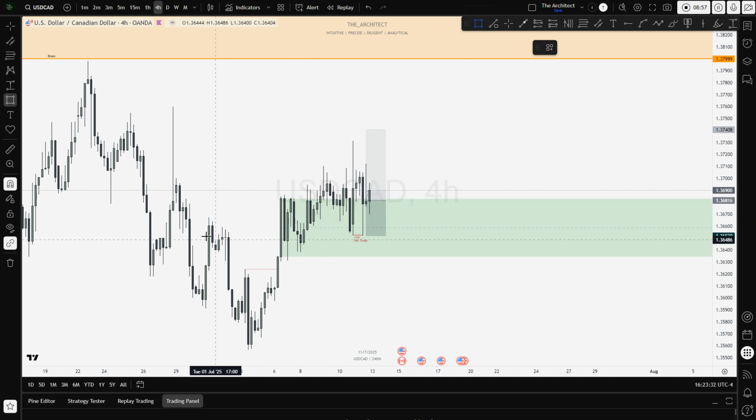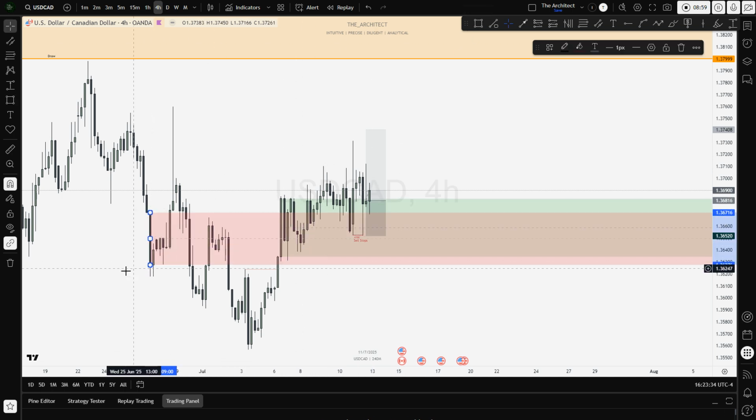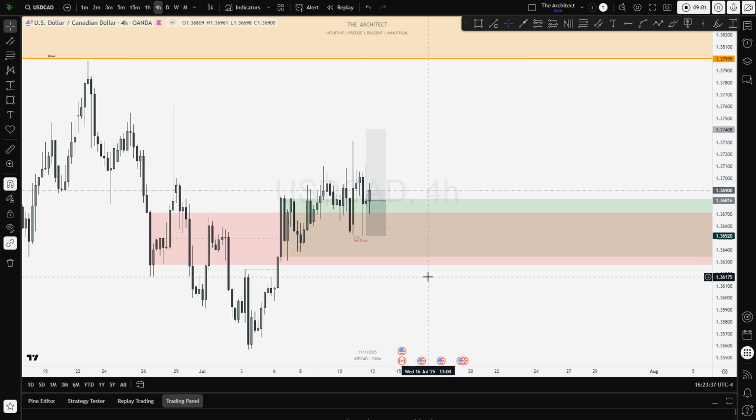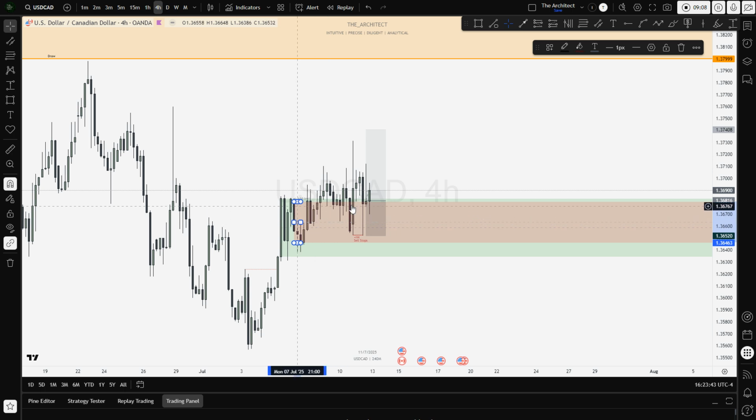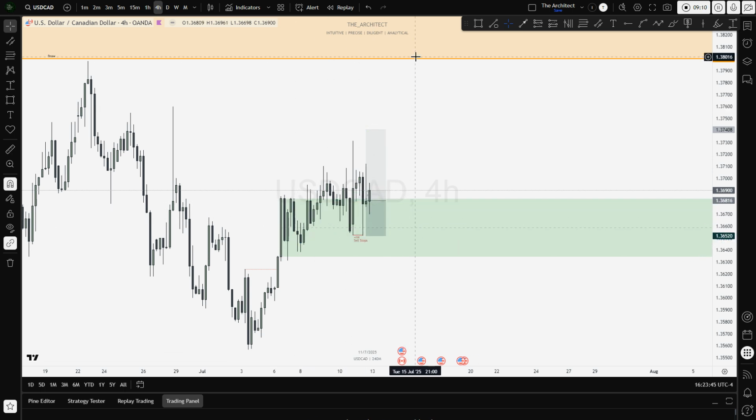This mitigation block is also aligned with a reclaimed order block, right? Which is also aligned with a bullish order block, right? So you have multiple support over here, which is suggesting further bullishness. Cool.